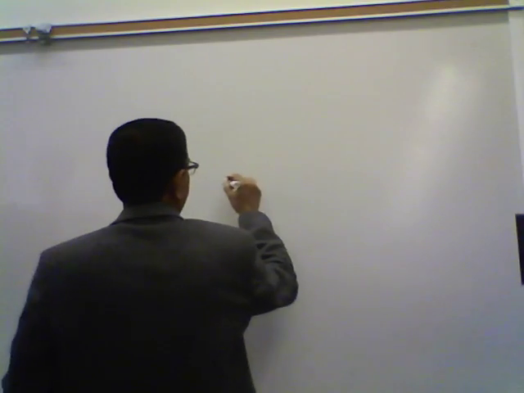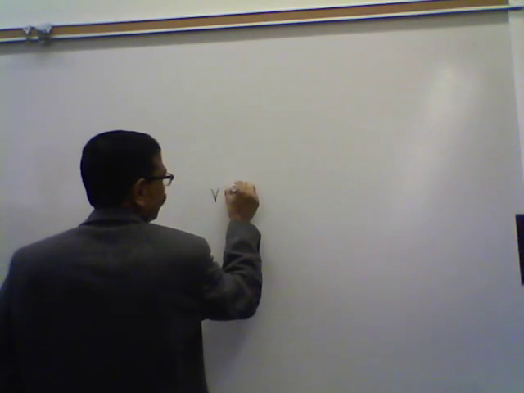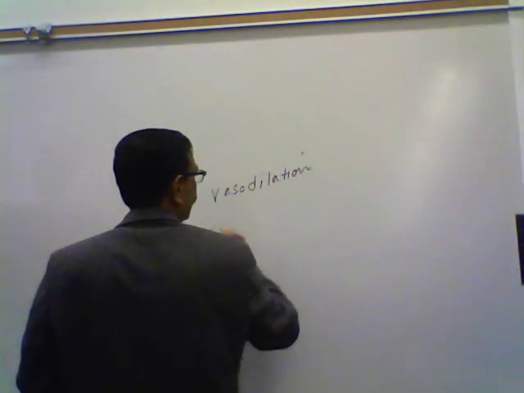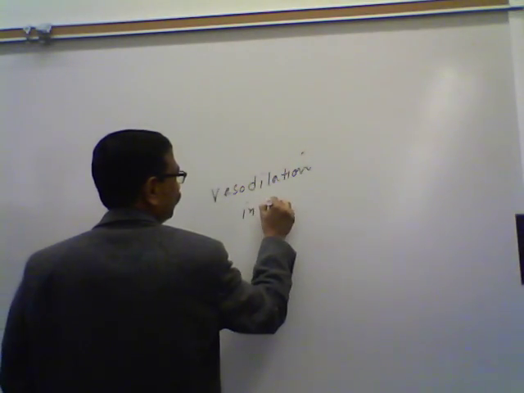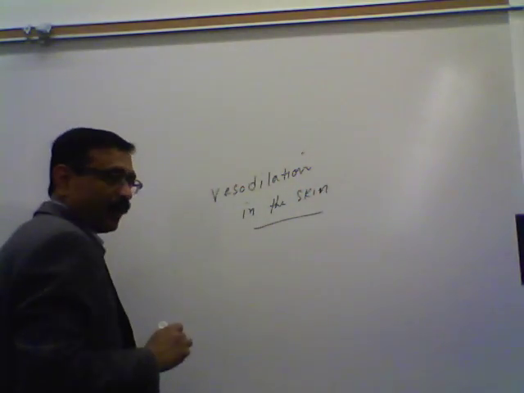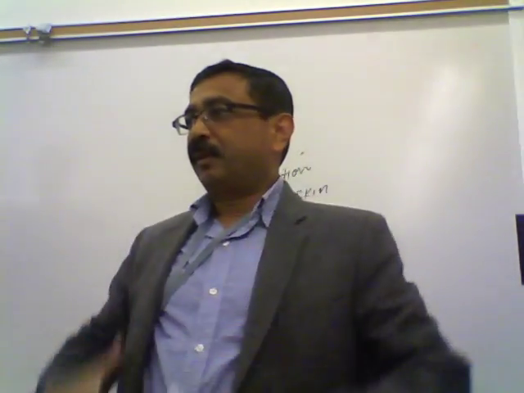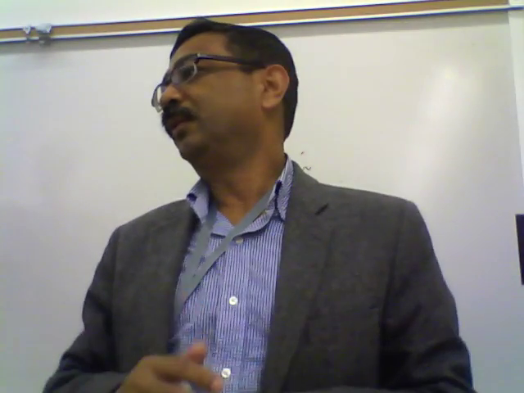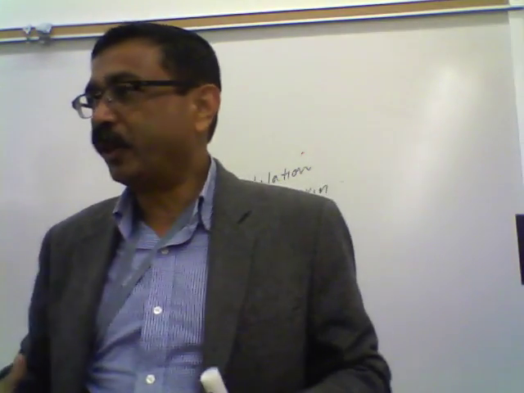Another way is when the body temperature increases, vasodilation occurs in the skin. That means what? In the skin, the blood vessels dilate, so more blood flows in your body surface, because the skin is the body surface.